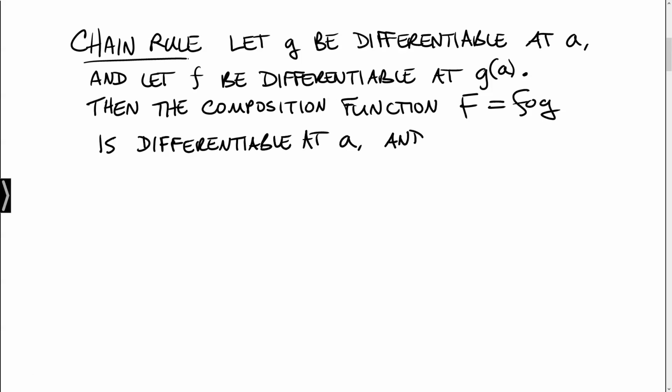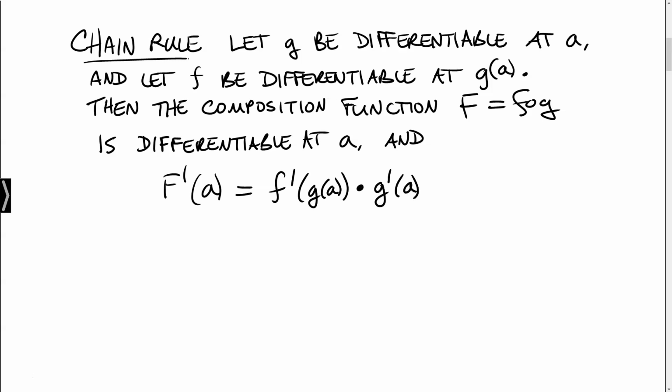And furthermore, there's a nice formula for the derivative of big F, the composition, at a. And it says that F'(a) is f'(g(a)) times g'(a). Okay, that's the big statement there.